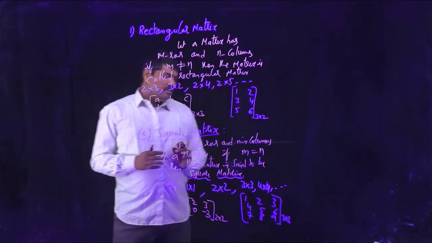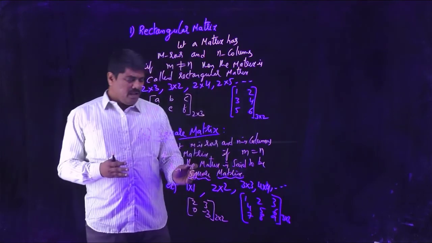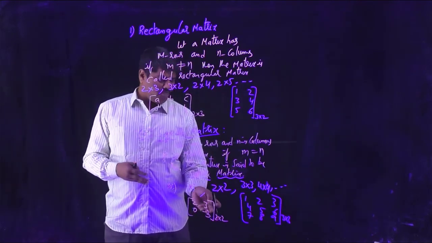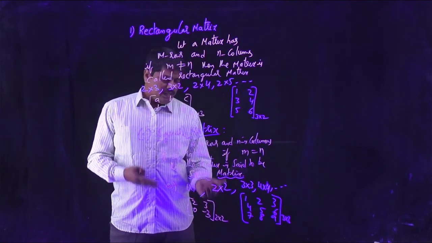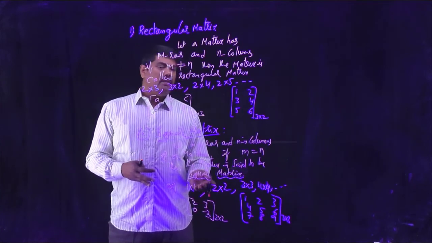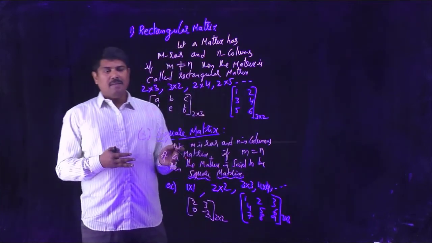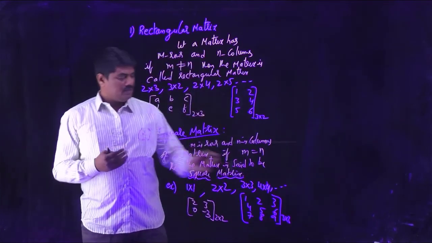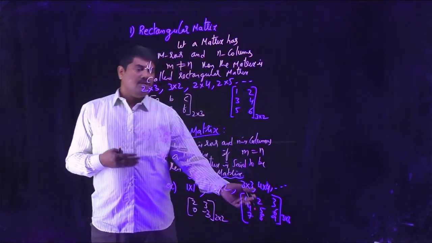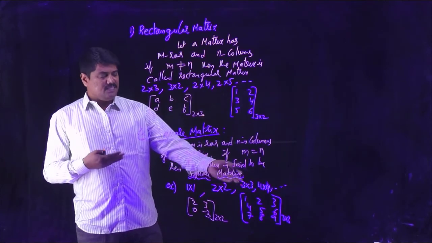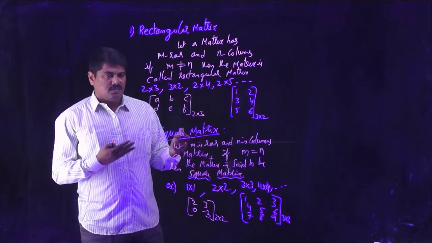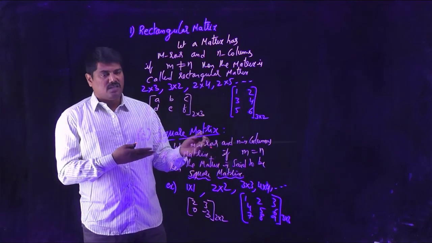Generally, for a square matrix you can call the order simply by one number. Instead of saying 2 by 2, you can say this is a square matrix of order 2. A square matrix of order 2 means the matrix is of order 2 by 2. Similarly, a square matrix of order 3 means it is a matrix of order 3 by 3.